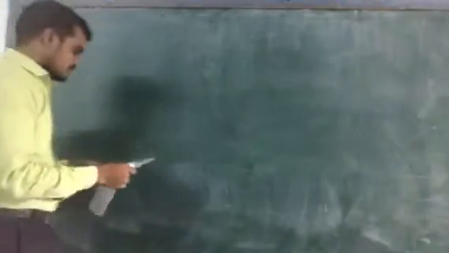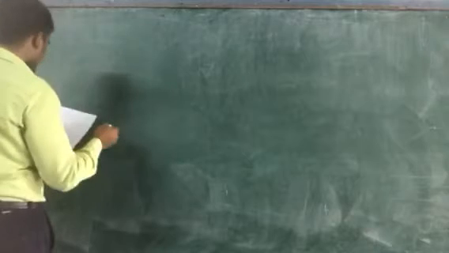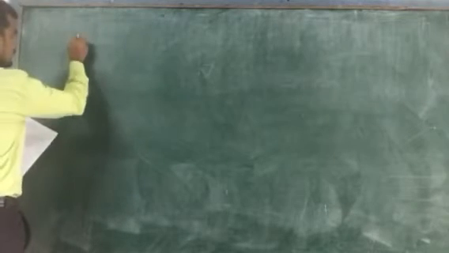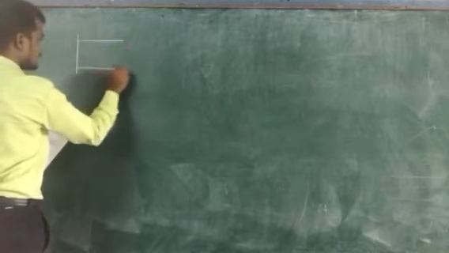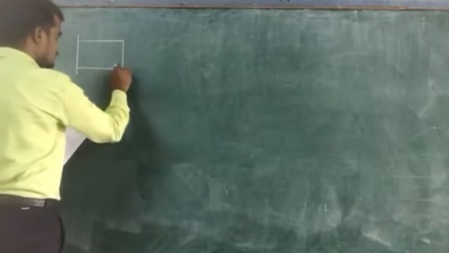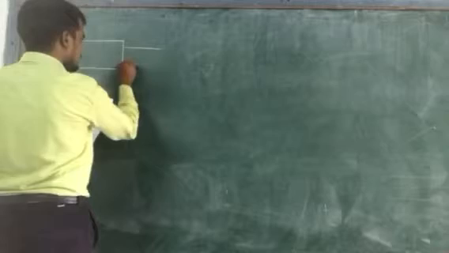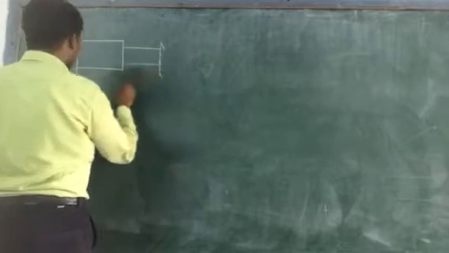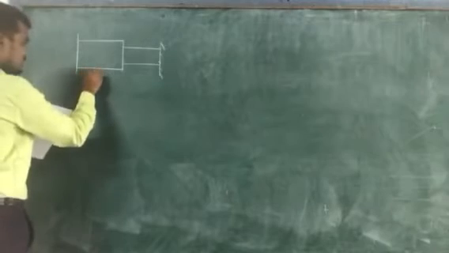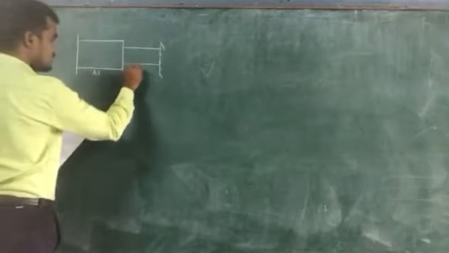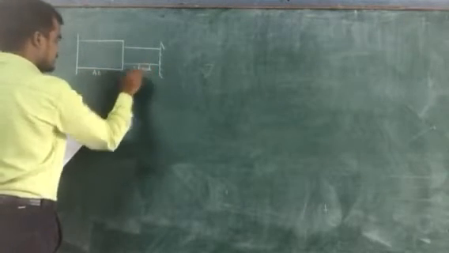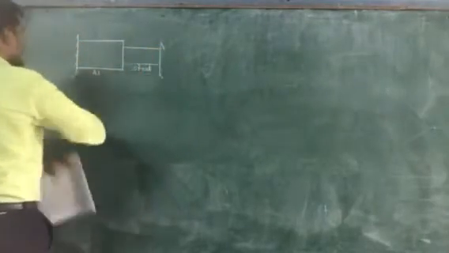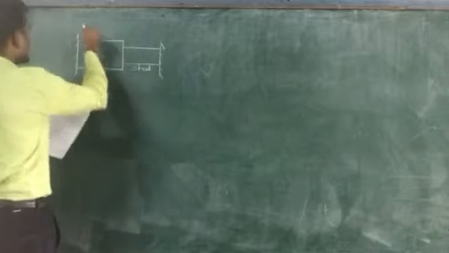In this example there are two bar elements. The first one is of aluminium material and the second one is of steel material, with all the values given.